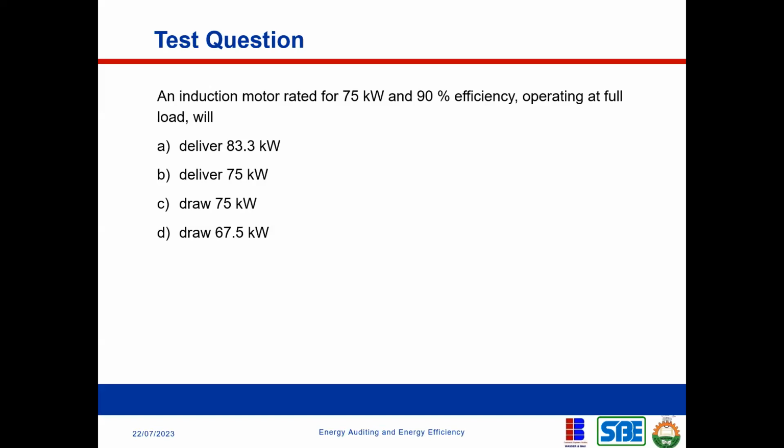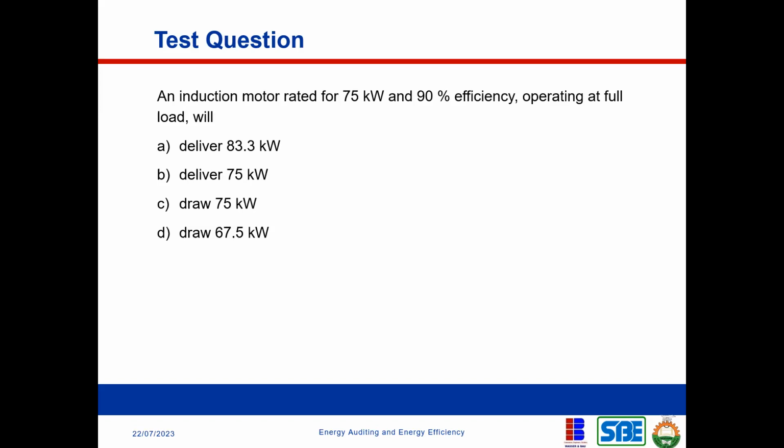An induction motor rated 75. Now, when you see those ratings on induction motors, they are rated at the given efficiency on the nameplates. So when they say the motor is rated at 75, it is rated at 75 when it is operating at 90% efficiency. If that motor operates lower than 90%, it will give you less than 75 output.